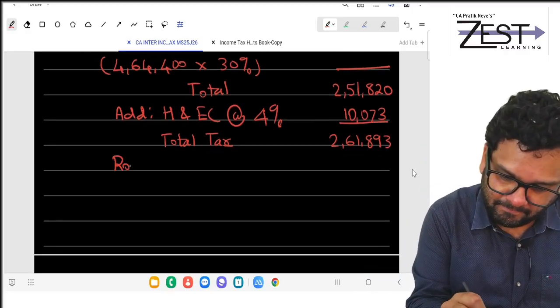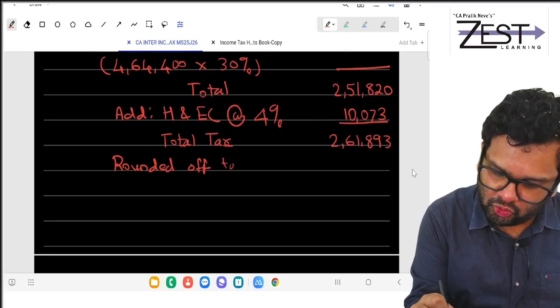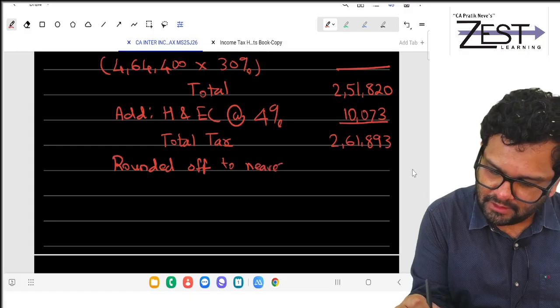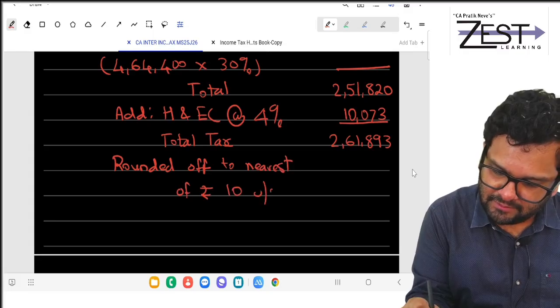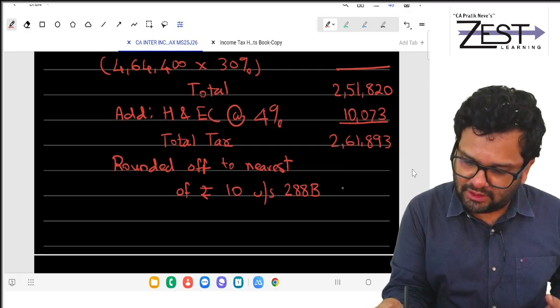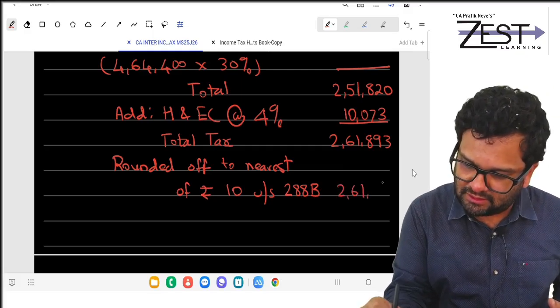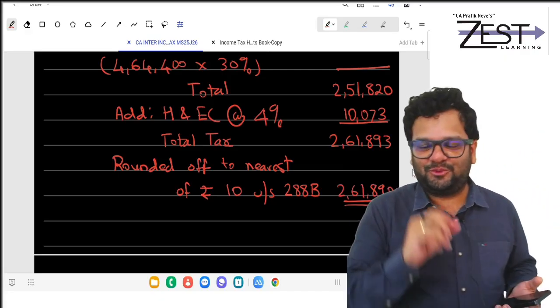Next, rounded off to the nearest of rupees 10 under section 288B. Are you getting 2,61,890?